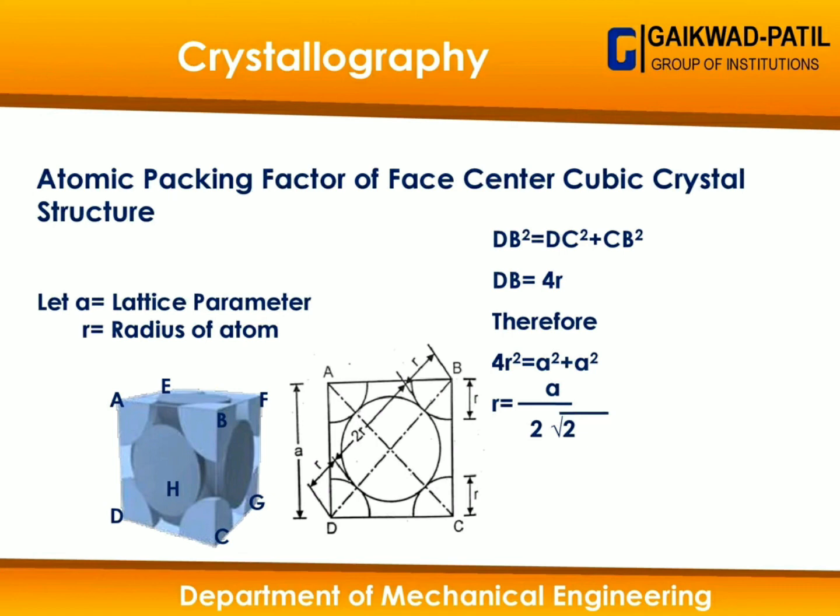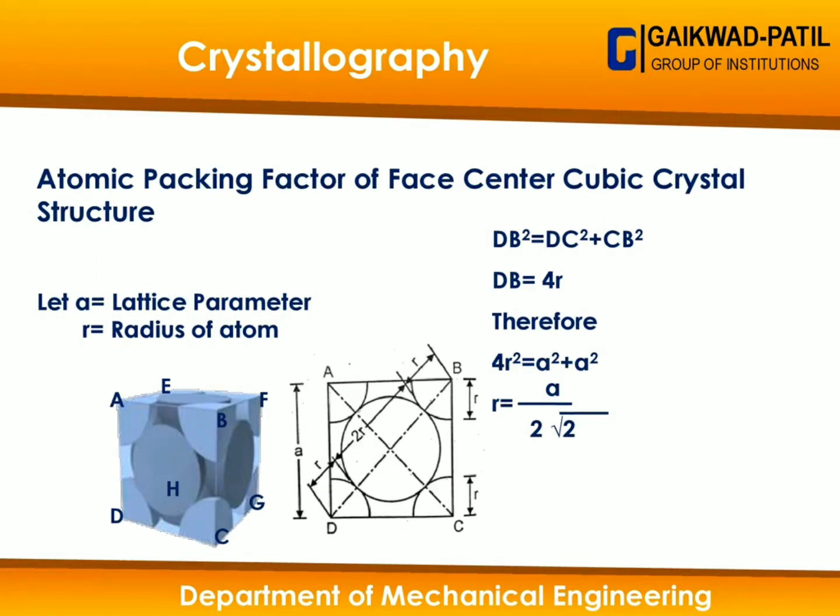So dB is about 4r, and therefore (4r) square is equal to a square plus a square. So the r value can be calculated easily from this equation as a divided by 2 into under root 2, right?